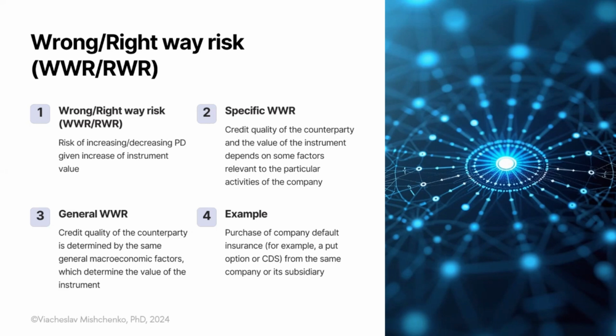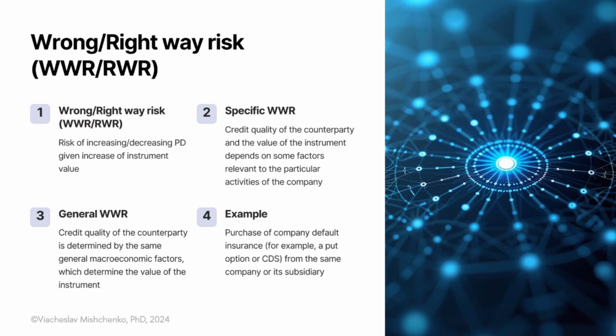It's buying default insurance, like a credit default swap, which may be part of the trading portfolio. If you buy this kind of default insurance from the very company you are insuring against, the default of the equity issuer, for example, and they default, your insurance is worthless when it's needed most.